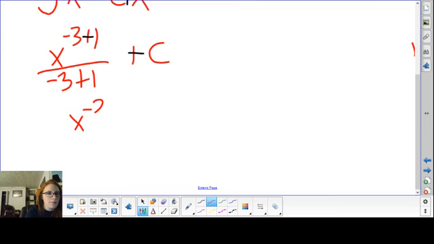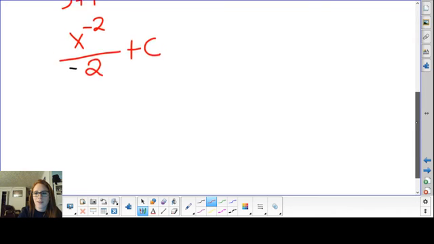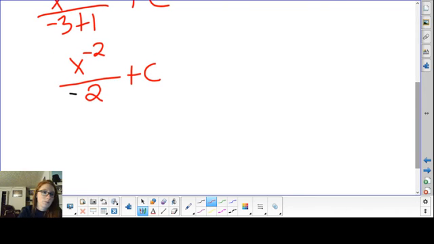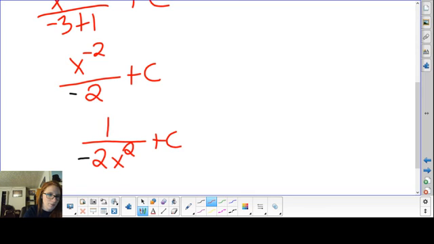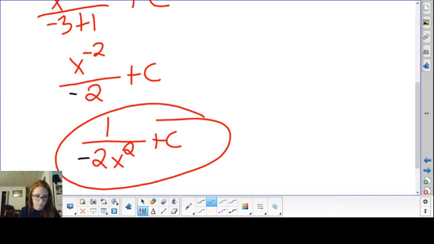I get x to the negative 2nd over negative 2 plus c. But do I like negative exponents? No, so he goes and hangs out with my negative 2 on the bottom. And when he goes downstairs, he becomes positive again. I've got 2 more examples, and then we're good to go.